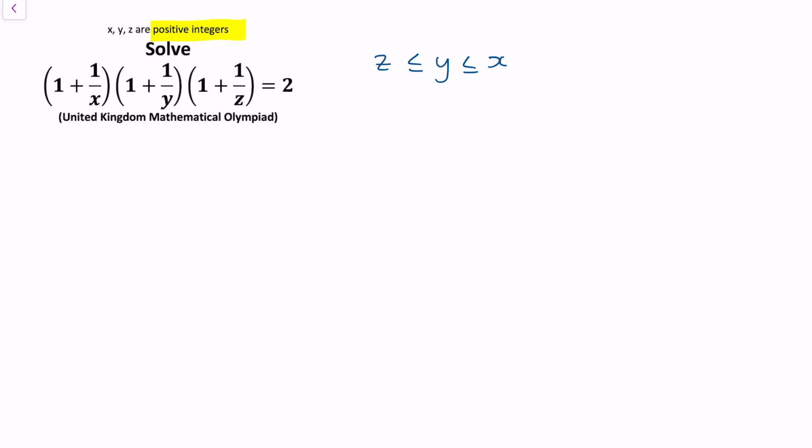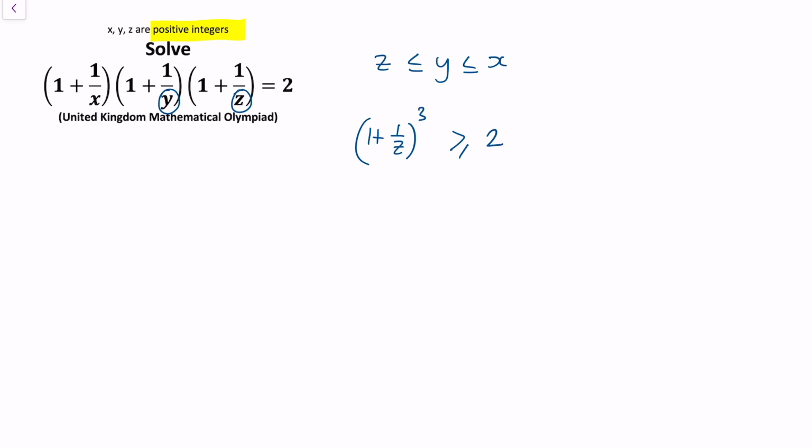So let's replace the y and the x here with z. That means we will have 1 plus 1 over z cubed. Now it's not going to be equal, it will be greater than or equal to 2, since z is less than y and less than x. Okay, so what are the possible values z can take?